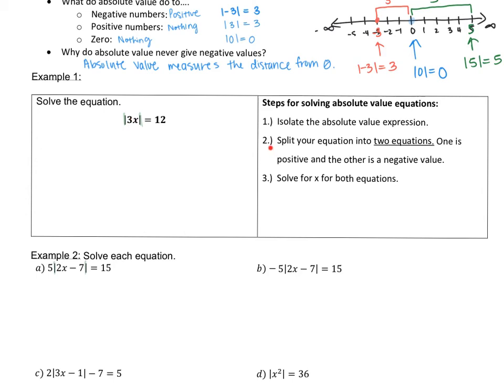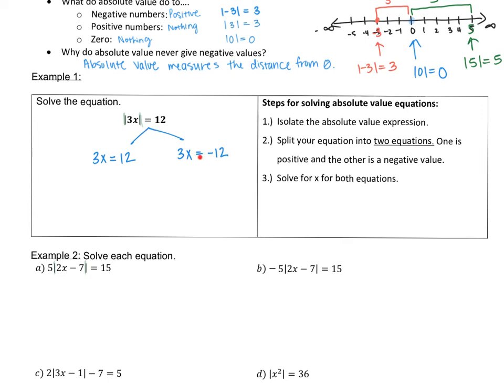Step 2 says to split your equation into 2 equations. One is positive and the other is a negative value. So what this means is we're going to split it into 2. So I like to use 2 lines here to show this. So I'm going to have my first one here as 3x with a positive 12. And the other one's going to be same thing, 3x, but this time it's going to be a negative 12. So let me just explain carefully.